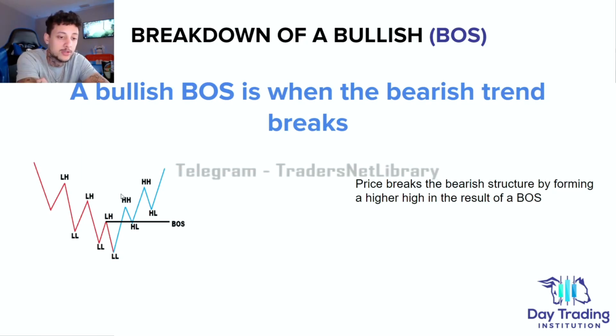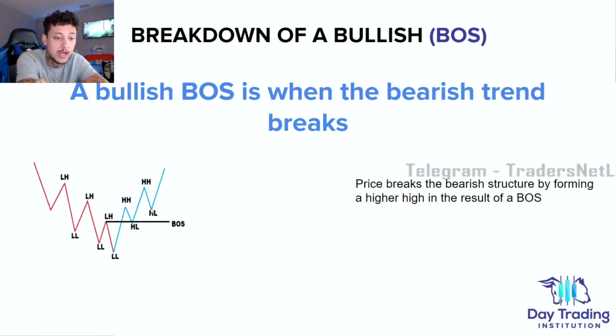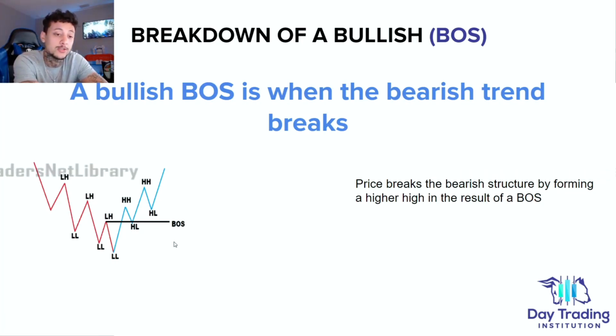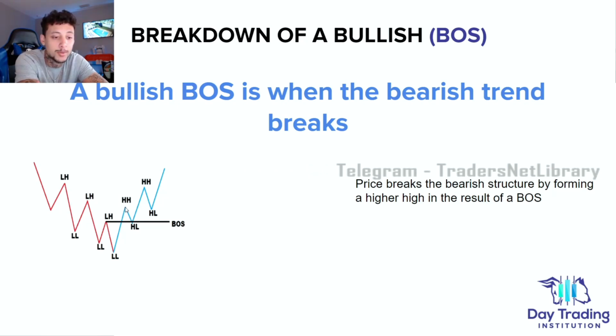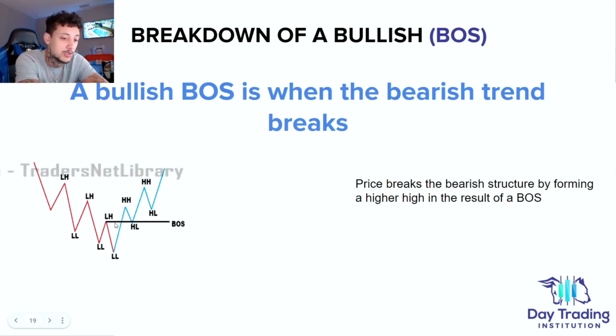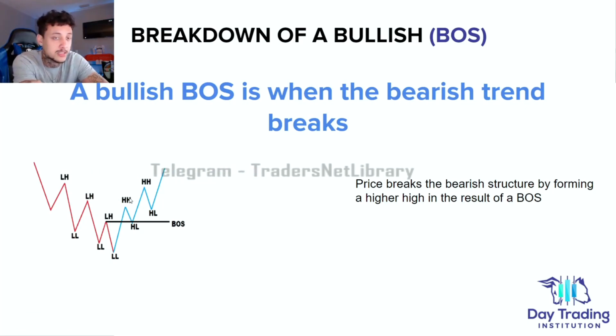Now notice after this higher high was made, there was a higher low, then a higher high, then a higher low. That's how you can identify that there could be a potential change in trend when the first lower high is broken. And again, this is going to be considered a higher high because it broke above the previous lower high. It's as simple as that.